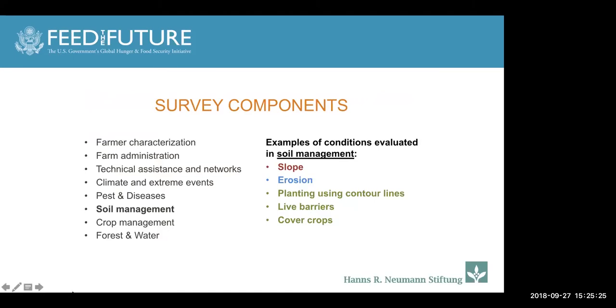So finally, we use these climate indexes to analyze all these different characteristics, and the tool gives you a final assessment that includes all these different components to understand the vulnerability of this farmer. Next, please.